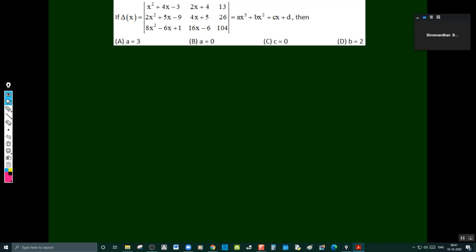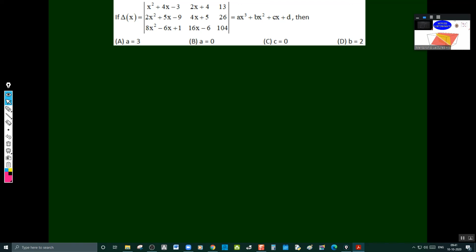X will be eliminated. No, we are just checking if you take the derivative, whether the determinant value is independent of x. If the determinant value is independent of x, that means it is a constant, its derivative obviously becomes 0. So we are trying whether delta dash x is 0 or not.